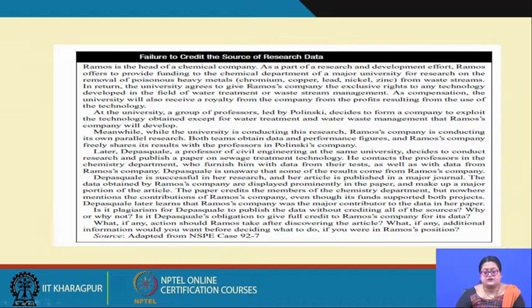So we find two things: even if the chemical engineering department is developing the technology, they are not taking the credit for it. The credit goes to Ramos's company, because they have funded the research. And Polinsky's company has been formed to use the technology for something else, not for water treatment.